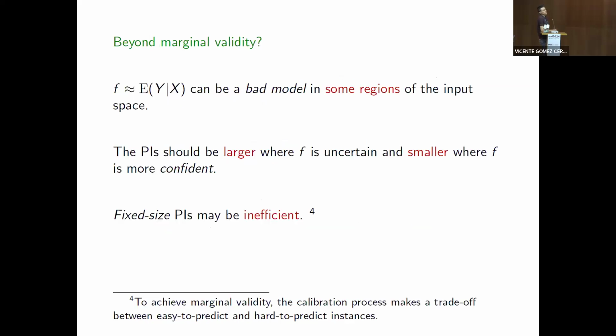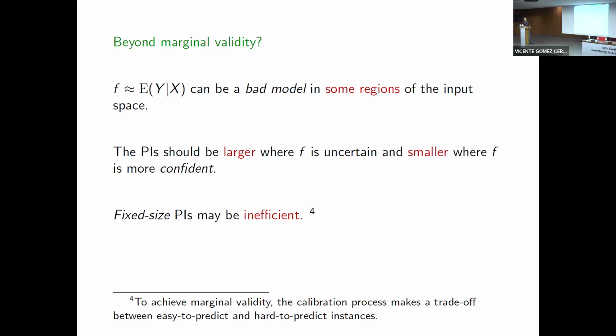Okay, so do we need something more? Probably yes, because in practice, the model does not have the same performance everywhere, nor the same uncertainty everywhere. Even if you train on MNIST data to distinguish between 0 and 1, it's easier than distinguishing 0 from 8, for example.